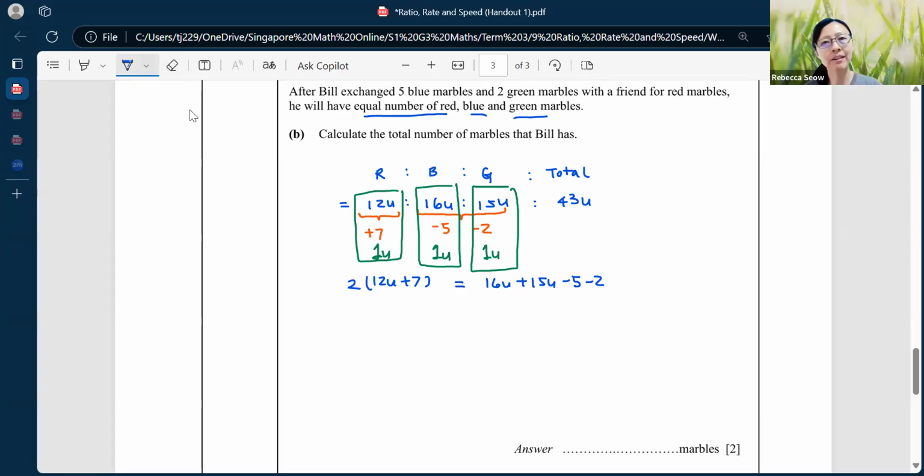Okay, I'm actually forming a linear equation. This is a linear equation question. Now let's simplify. You notice that on the left-hand side, we could simplify by expansion. And on the right-hand side, we could combine some terms. Now let's shift the terms around. 31u goes to the left and 14 goes to the right.